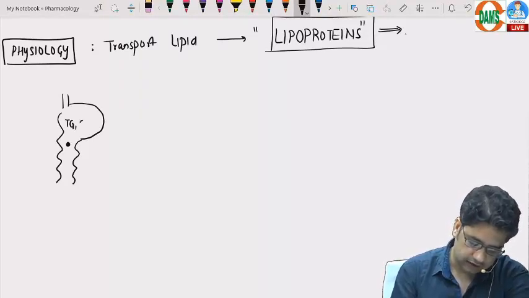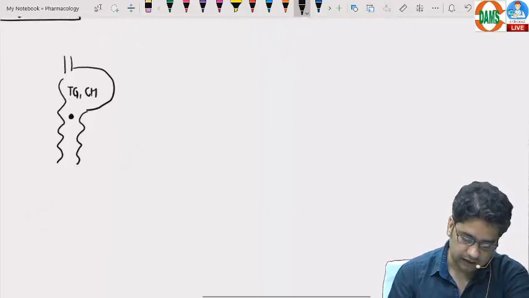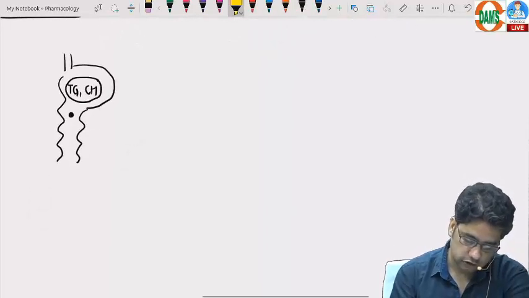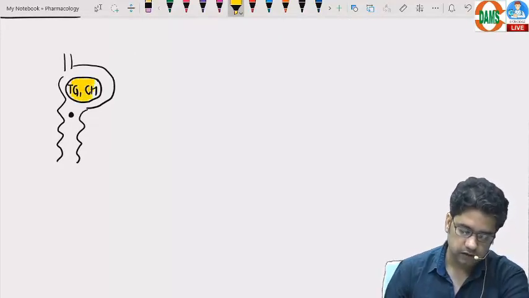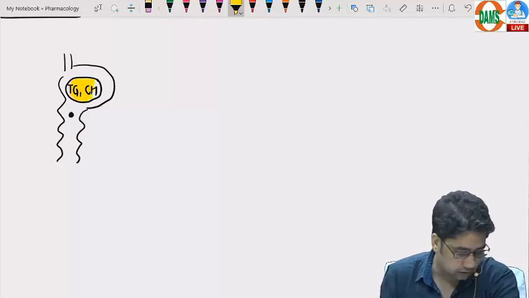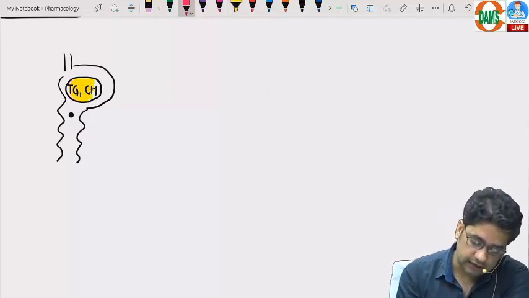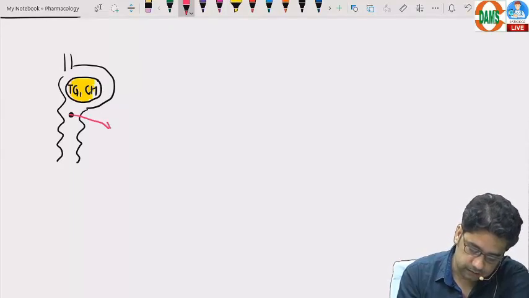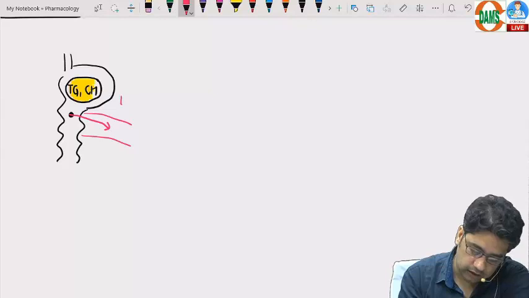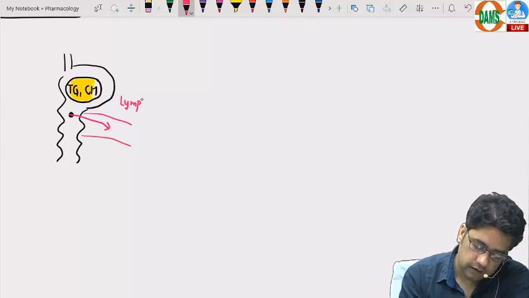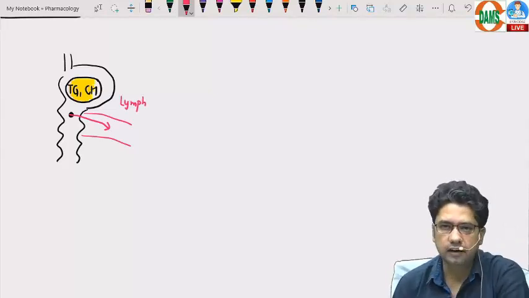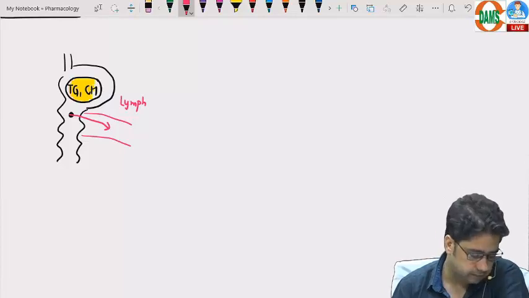lot of triglyceride and cholesterol. I am using this word, triglyceride and cholesterol, in short form. Okay, I hope you are comfortable with this short form now. Now, these triglyceride and cholesterol, from GIT, first they come into lymph. Lymph is also a watery media just like blood without RBC.